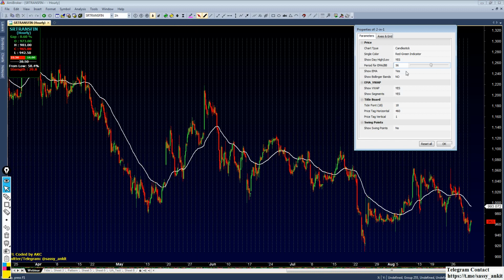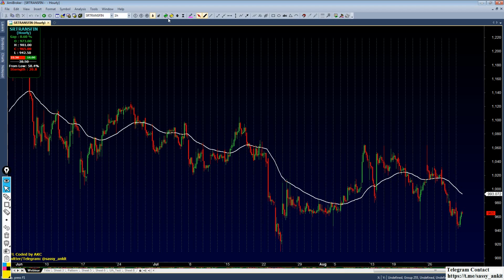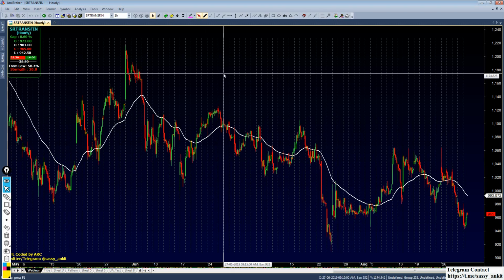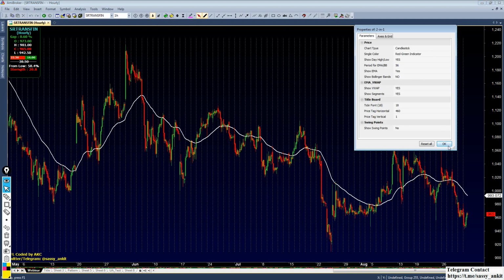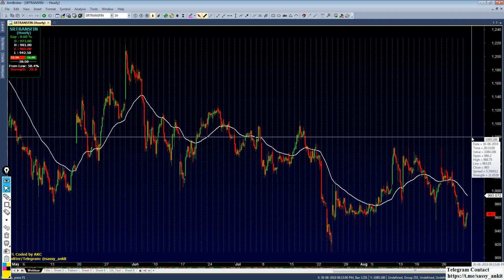Okay, so we will set it to 56. So for this particular stock, which is less liquid compared to Reliance, we have an EMA of value 56 acting as dynamic support and resistance, or you can say dynamic trend line.